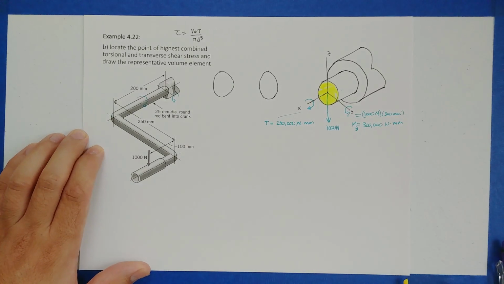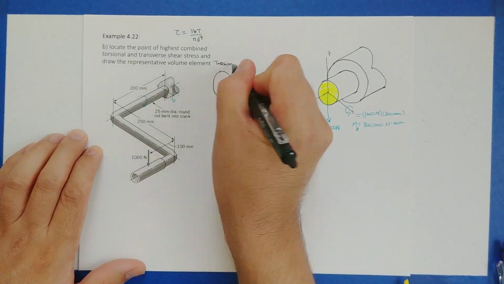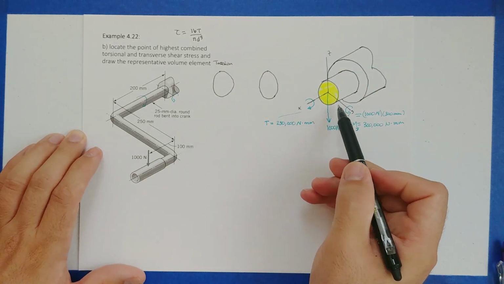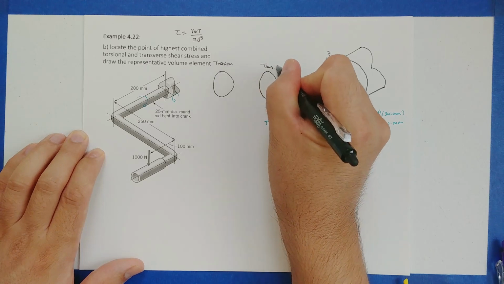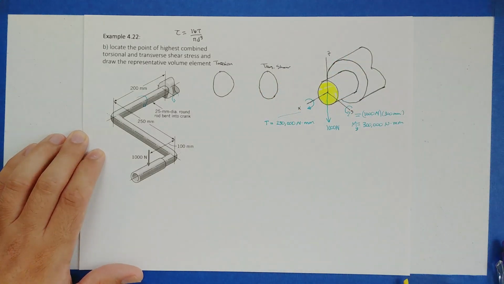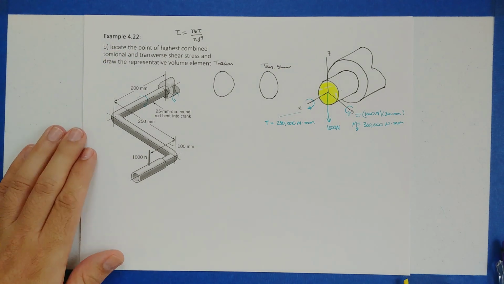In one, we'll remember what the torsion is doing. In the other, we're going to look at what the transverse shear is doing, because we want to find the point of the highest combined stress.